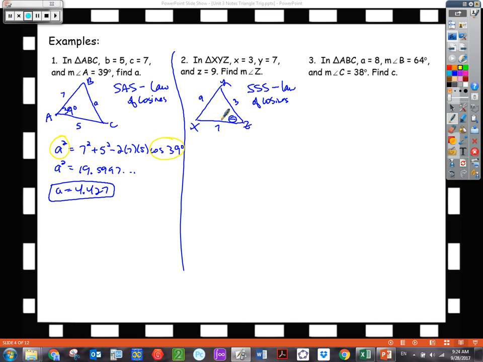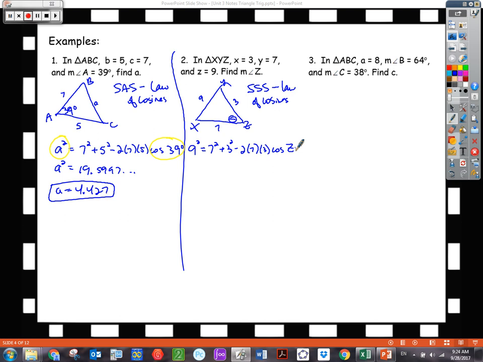Sure, but then I would have to do it again because I need angle Z. That's the one they want me to find. So let's go ahead and start that out. So we have 9 squared equals, then we'd have 7 squared plus 3 squared minus 2 times 7 times 3 cosine of Z.